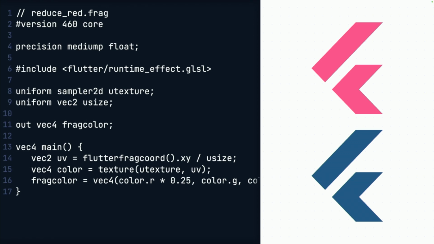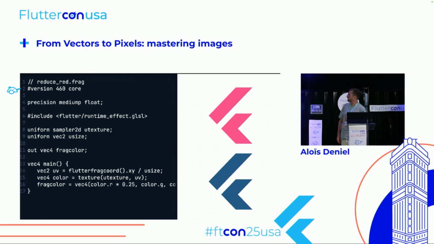You got the size of the image, and it uses specific Flutter pre-built configurations, but it takes the coordinates of the pixel, extracts the color of the pixel in the original image, and then it multiplies the red channel by 0.225 to get a different version of the color. And it does that for every single pixel.